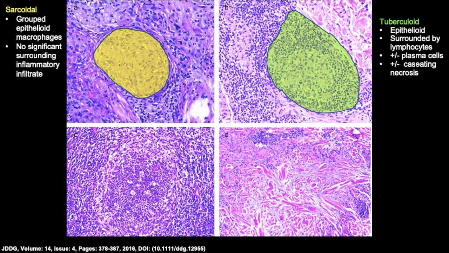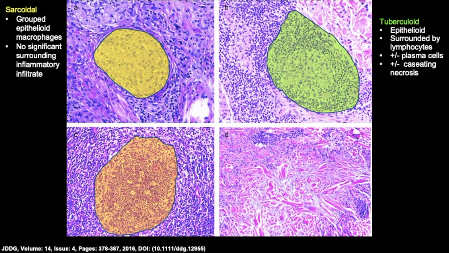As in our classic teaching, the difference between sarcoid and TB is that one has a necrotizing granuloma and the other a non-necrotizing granuloma based on the necrosis. However, in reality, necrosis is not always a feature of those granulomas unless the biopsy was taken in an area where there is necrosis.